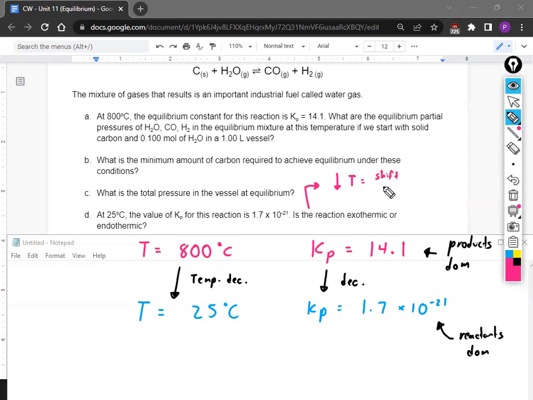Everything in a box to the left. If you decrease temperature, if you get rid of energy, it shifts to the left. So if that's the case, is energy a reactant or a product?